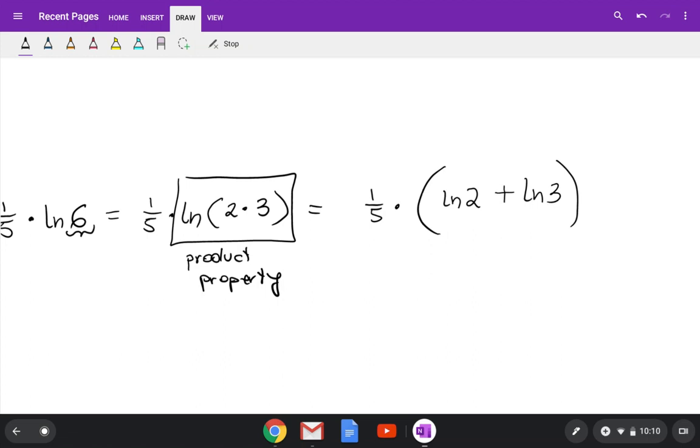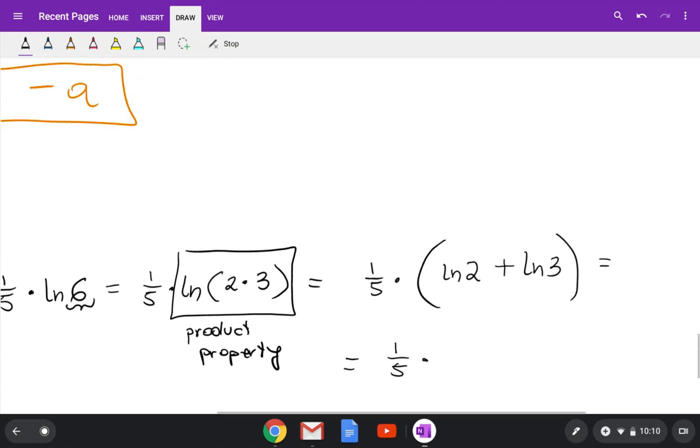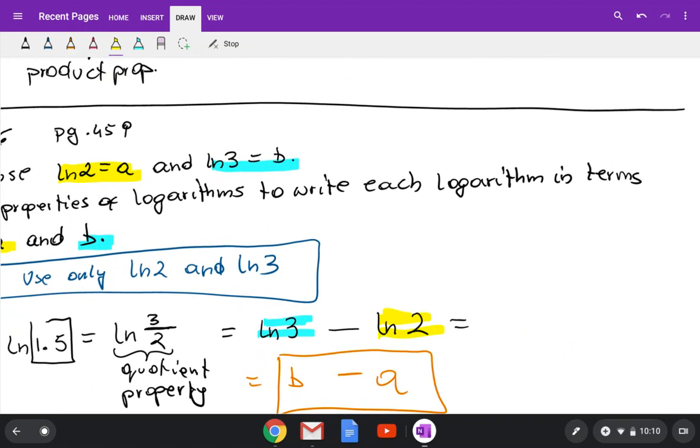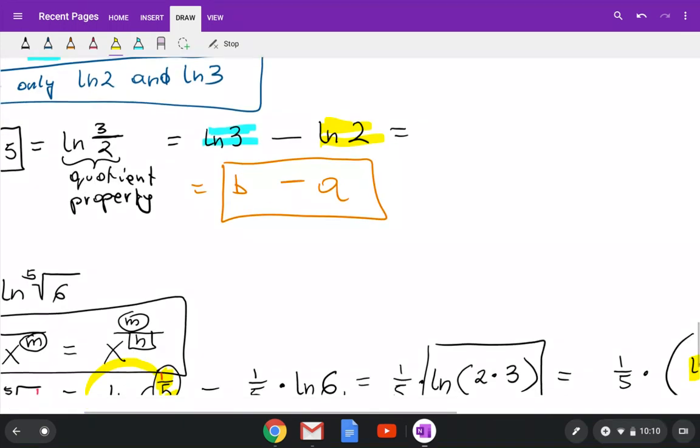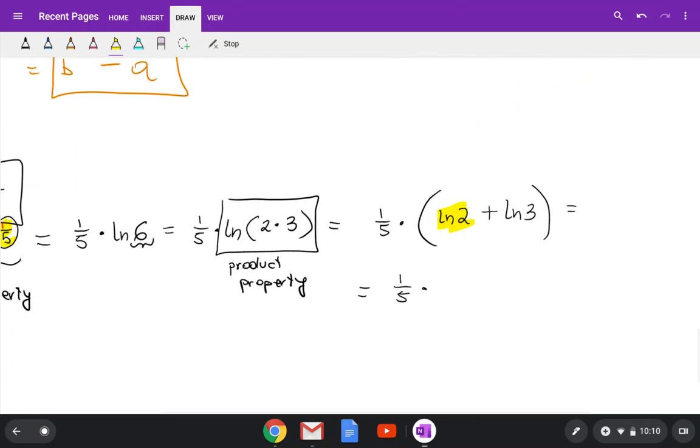So ln of a product is equal to the sum of logs. Last thing, ln of 2 is equal to a, which was given in the problem, and ln of 3 is equal to b. So we have 1/5 times parenthesis a plus b, and that will be our final answer.